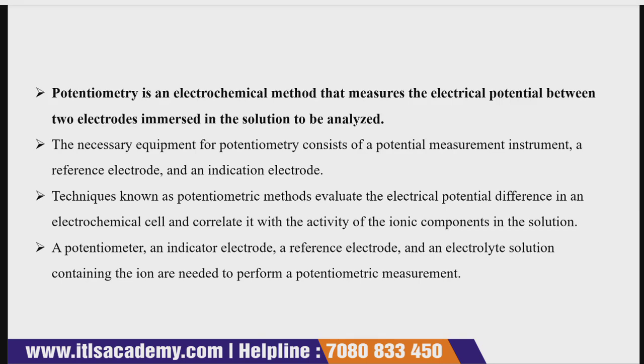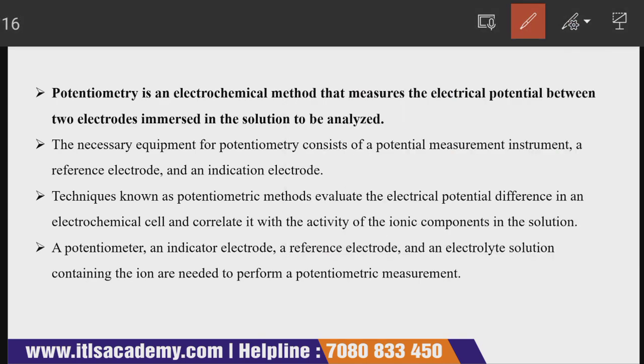Now let's see the definition of potentiometry. Since the name suggests potentio and metry meaning method, it is an electrochemical method, which means electrical and chemical methods are coupled together. It is used to measure the electrical potential difference between the two electrodes, those electrodes which are immersed in the solution to be analyzed.